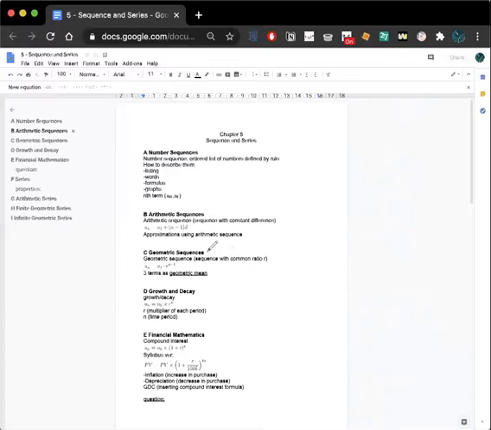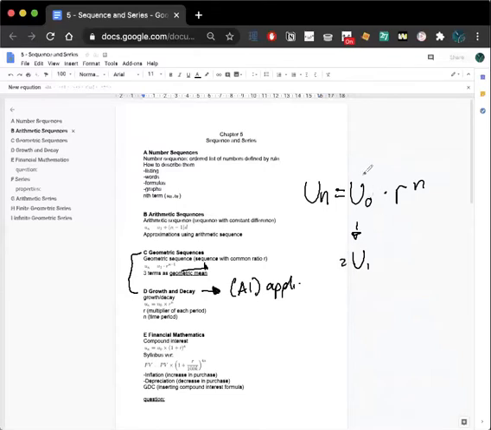Okay, so something related to geometric sequences would be growth and decay. This is again, I think more into AI-ish in terms of the applications. What's going on here seems similar to the geometric sequence, right? You see that u0 is actually pretty similar to u1.